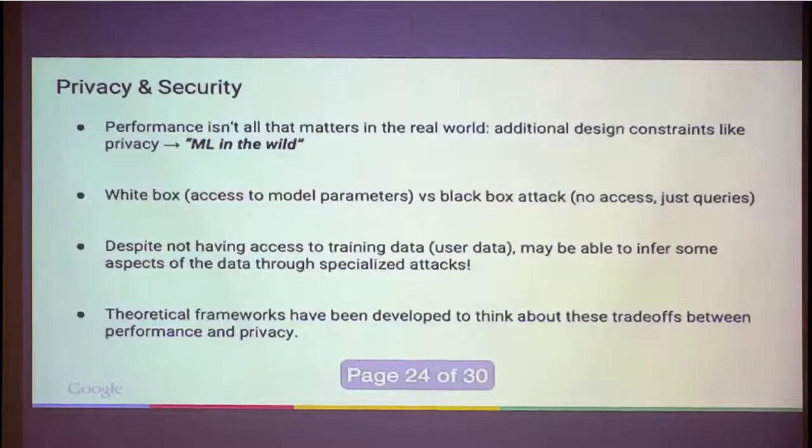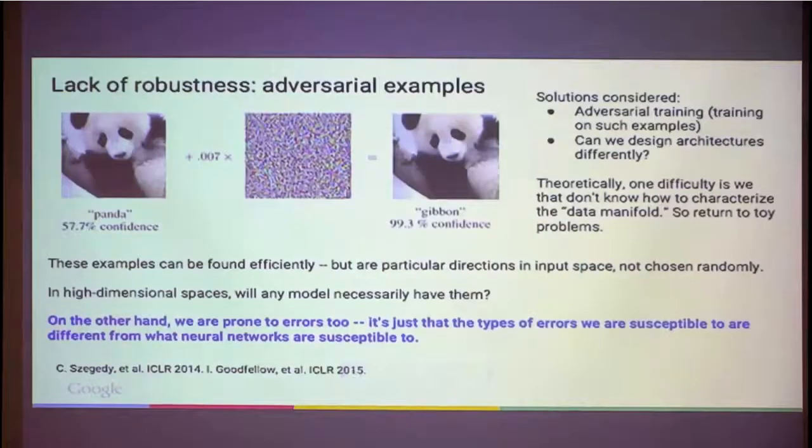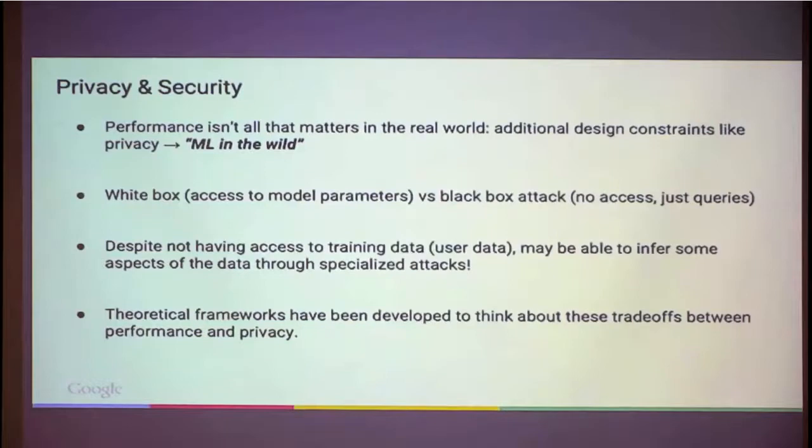My other examples were, in any case, about security and privacy. There are ways to fool neural networks that people have been trying to solve. Just adding a little bit of correlated noise that's not random but chosen in a very particular way can completely change the behavior of the neural network. Privacy is a huge issue.